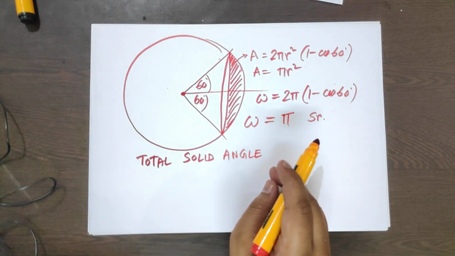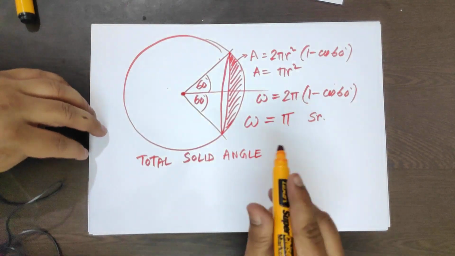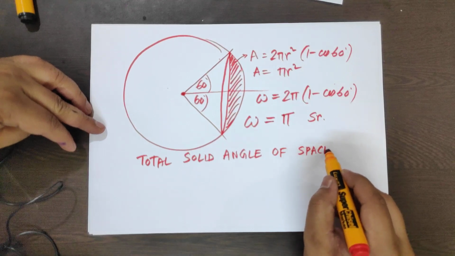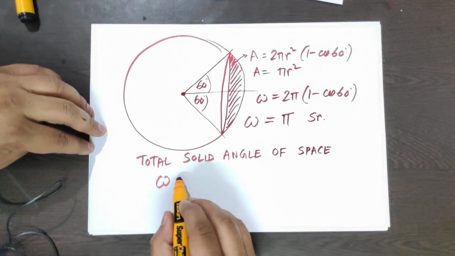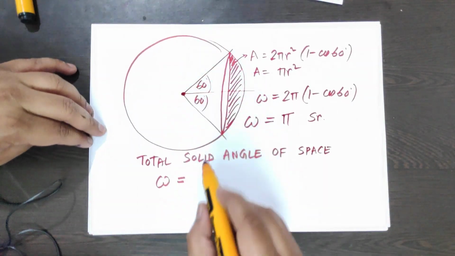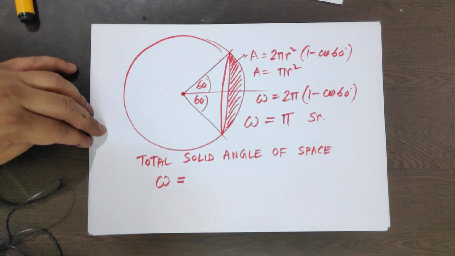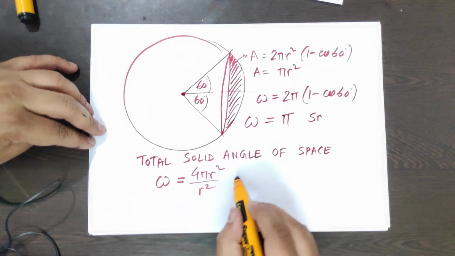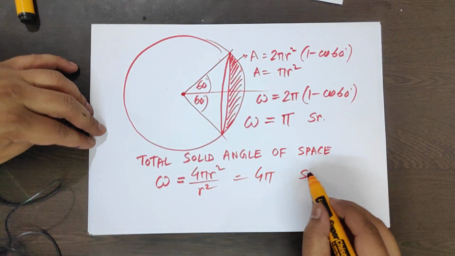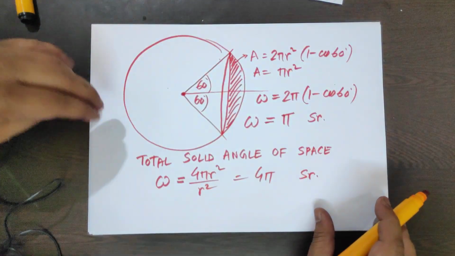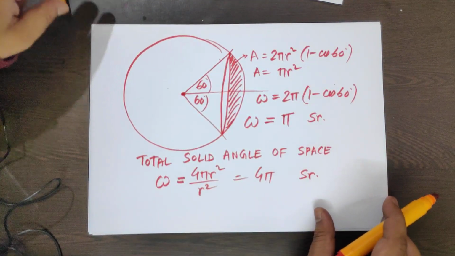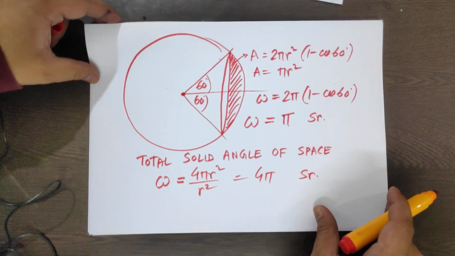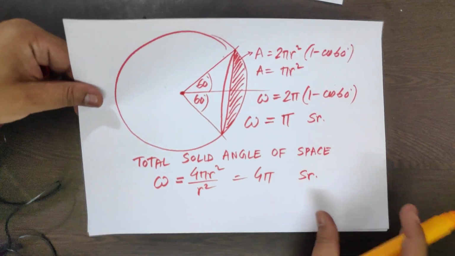Total solid angle of space around a point is obviously the total surface area of the sphere, 4 pi r square divided by r square. So that's 4 pi steradian. So the net solid angle is 4 pi steradian, right? This is a very helpful concept, solid angle. Just an example I'll show you.